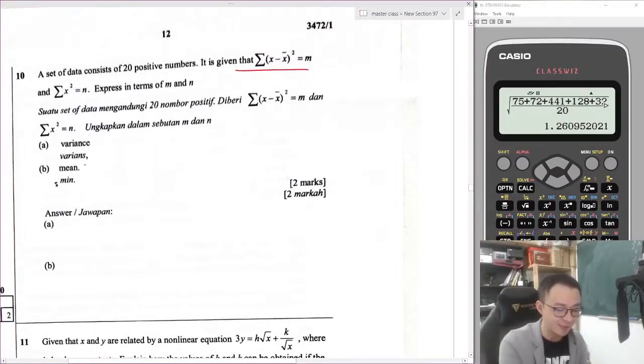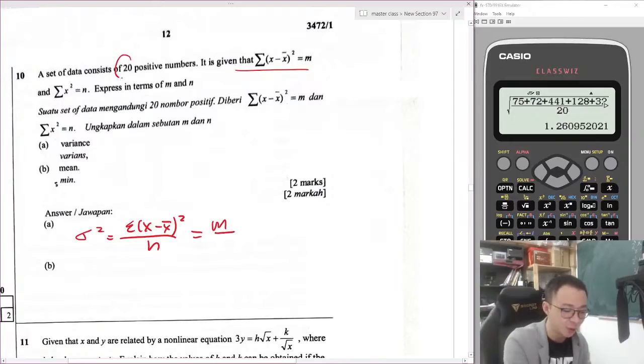So they ask about variance, right? The variance is the sum of x minus mean squared divided by n, which is m over 20. My n is 20, isn't it? Done. Then they ask us to find the mean. We cannot use this formula again because we have the sum of x squared here.